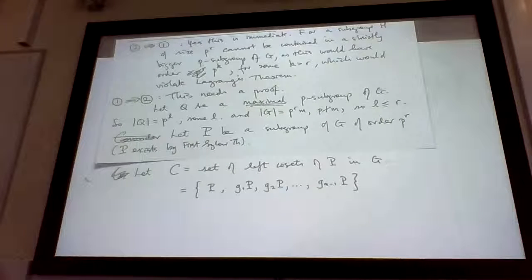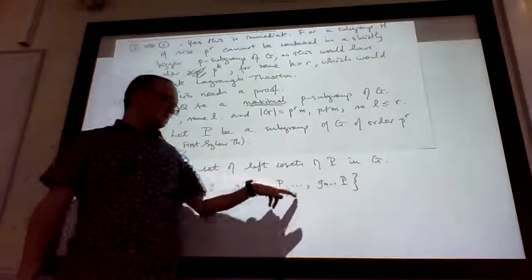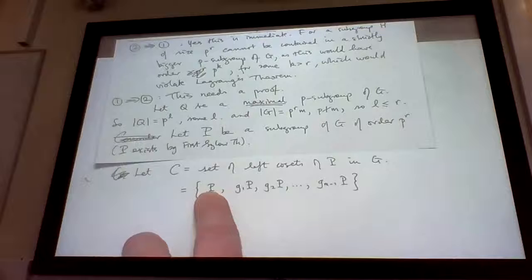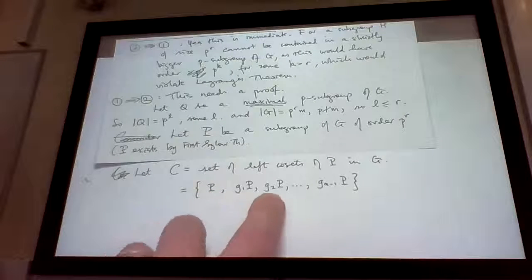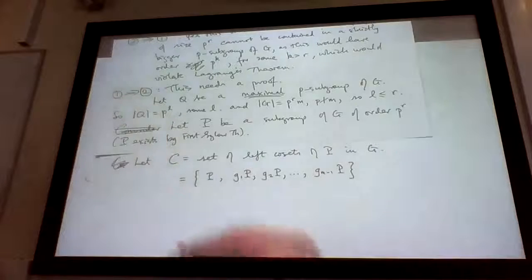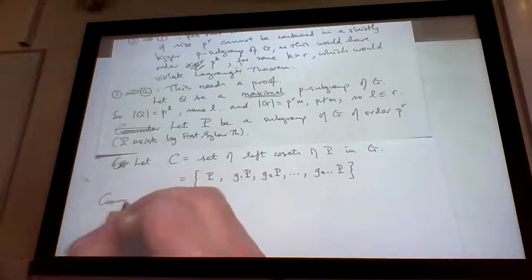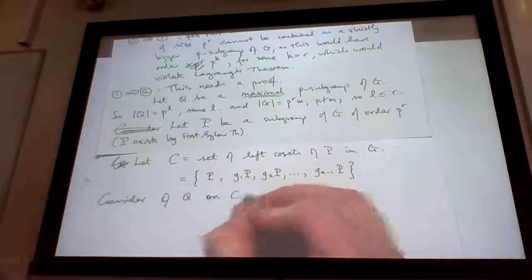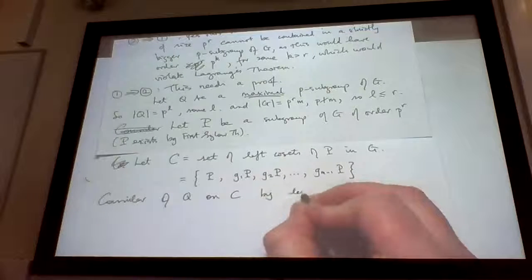So there are n cosets, and we've identified a set of representatives. You could consider the identity as the representative for P itself, then g1, g2, up to g(n minus 1). Now, the group action is: consider the action of Q on C by left multiplication.